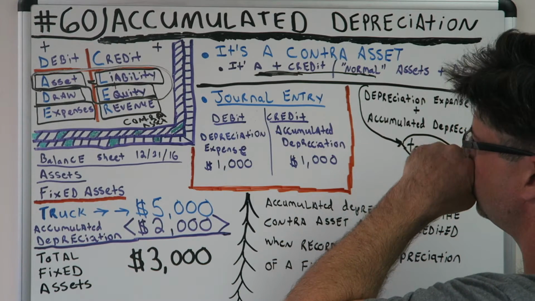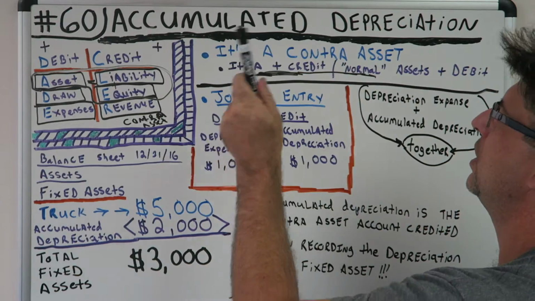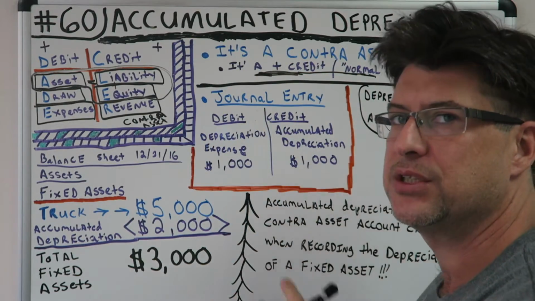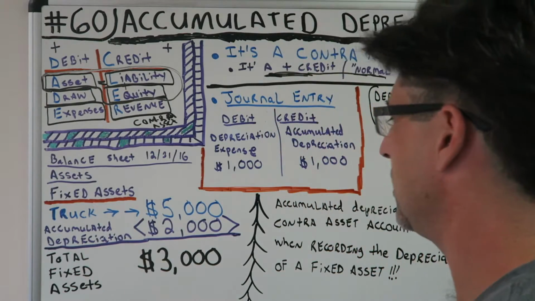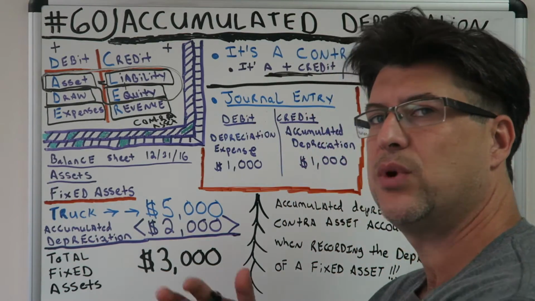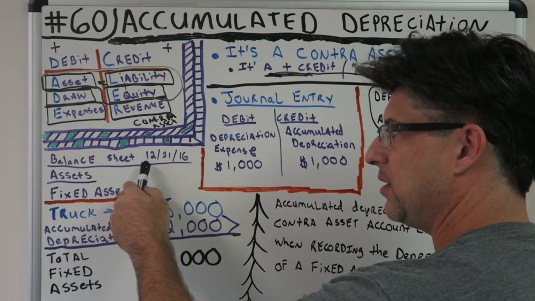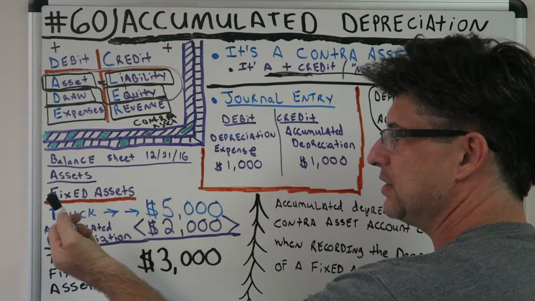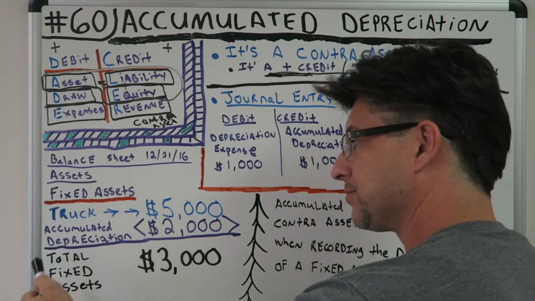So if you can't remember the journal entry, or that it's a contra asset, I want you to think about what accumulated depreciation is doing. I just showed you the balance sheet before. So I have just a balance sheet here, 12/31/16. Under assets, I have fixed assets.